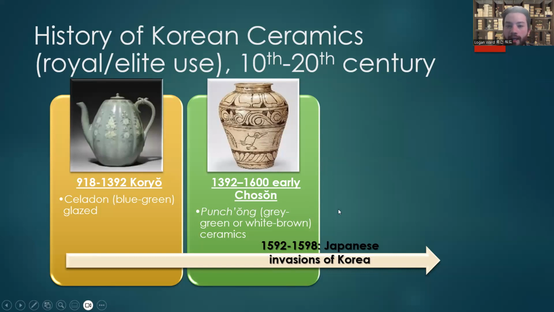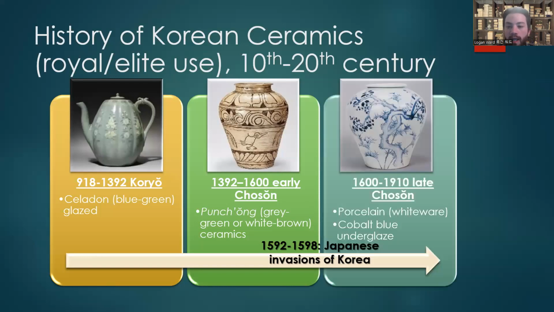Because of that, buncheong fell out of use in Korea, and they started shifting towards white porcelain, right? Porcelain is called whiteware, and what's very popular is the blue and white, the cobalt blue, where they would paint it on and then glaze it in the porcelain glaze, right? So you can see there's quite a diversity, even just in these three periods.